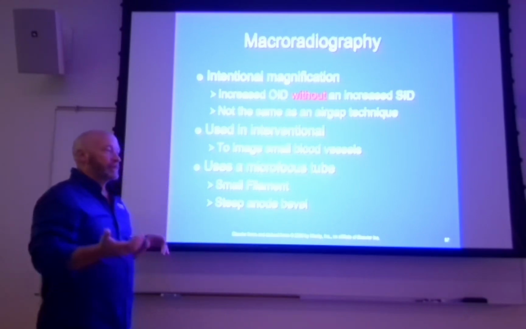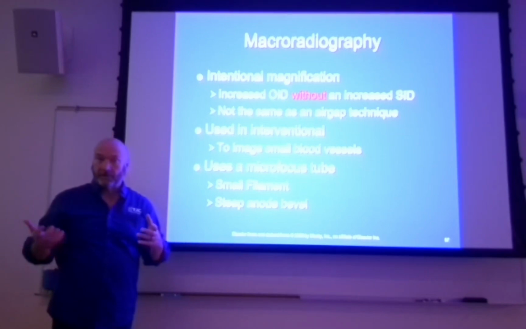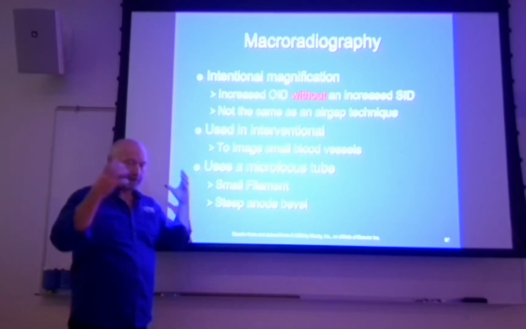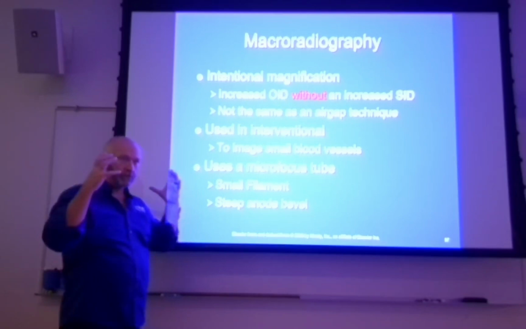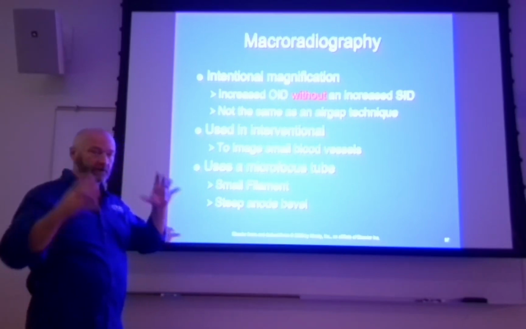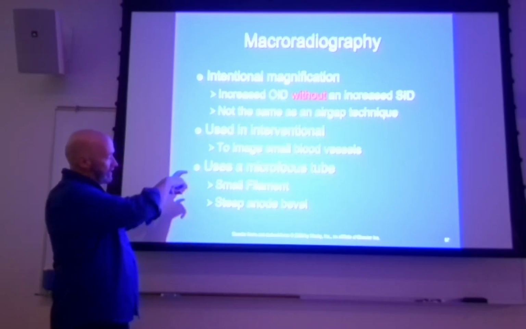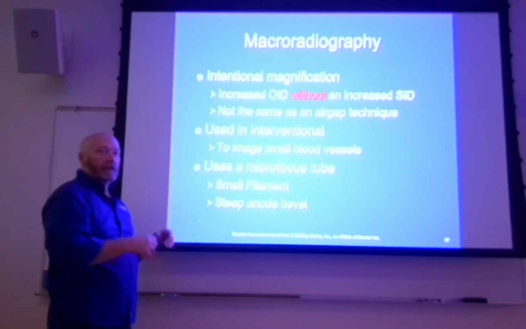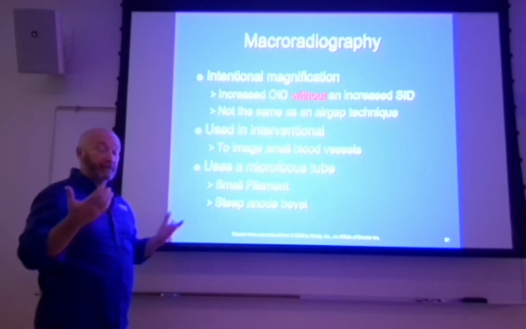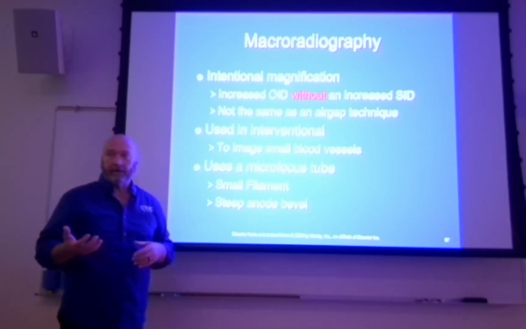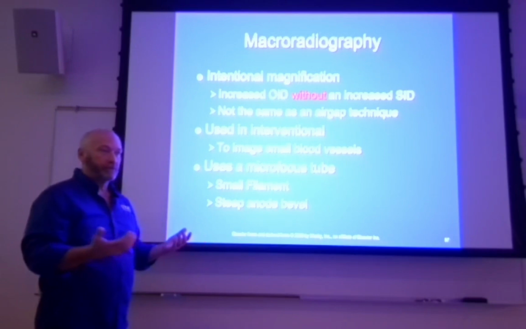In special procedures, what they would do is put the patient's skull in the middle of that, for a couple of different reasons. The X-ray tube is down here and the skull is in the middle of it, and we need to fix an aneurysm in the patient's skull. It's in a small artery, so we need that magnification, right?